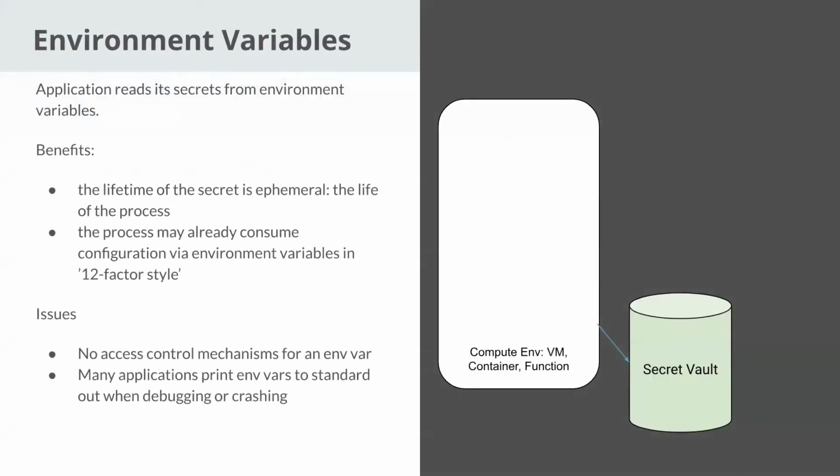So in the first path, which is very popular, especially because of the 12-factor application style of programming, the application reads its secrets from environment variables. What had previously happened, when we were retrieving the secrets, is that it was done by a startup script.